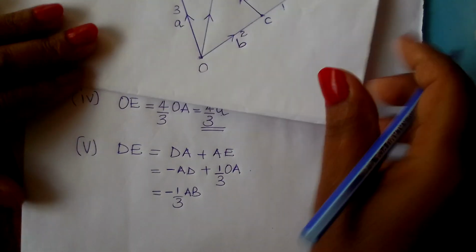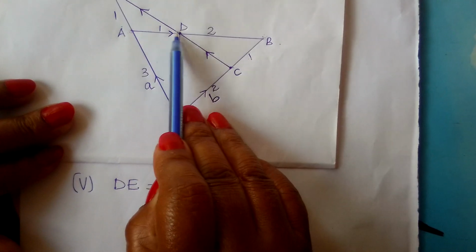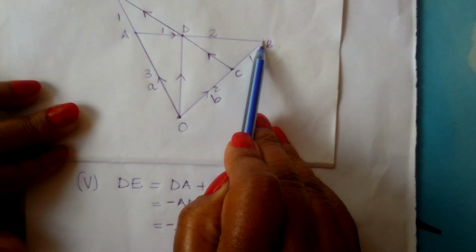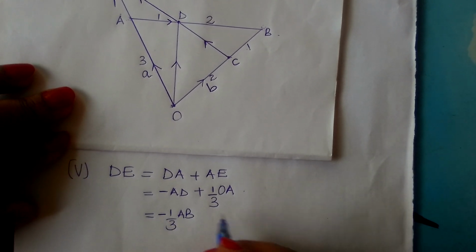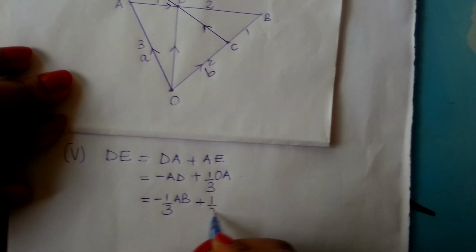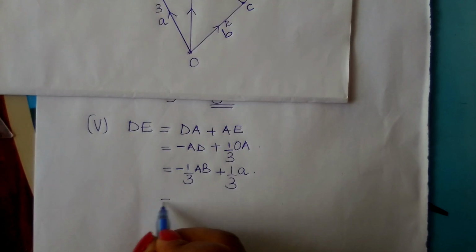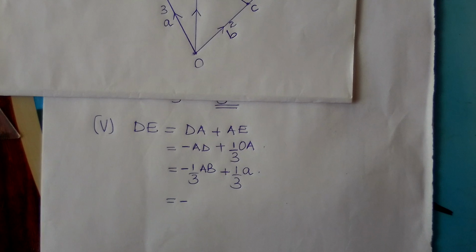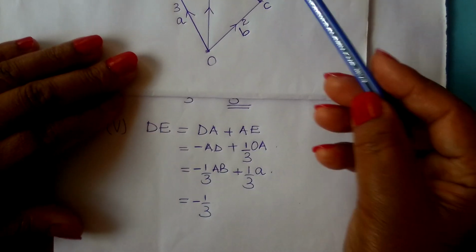Maybe we can confirm on that. AD, learner, is a third of AB, and there was a minus here, plus a third of OA, which is small a. And therefore, learner, we are almost there. This is a third minus AB. We had calculated it.